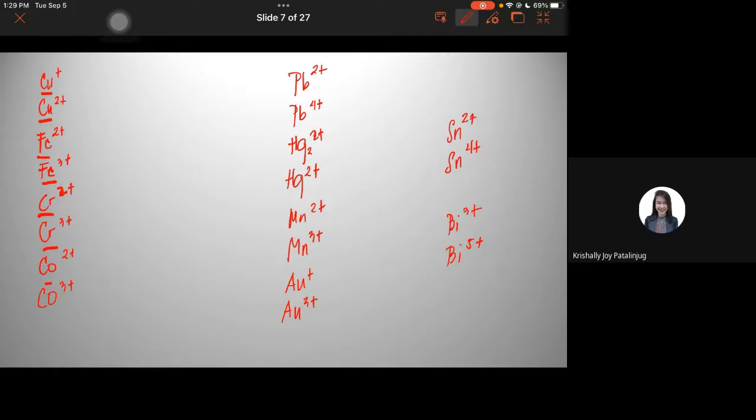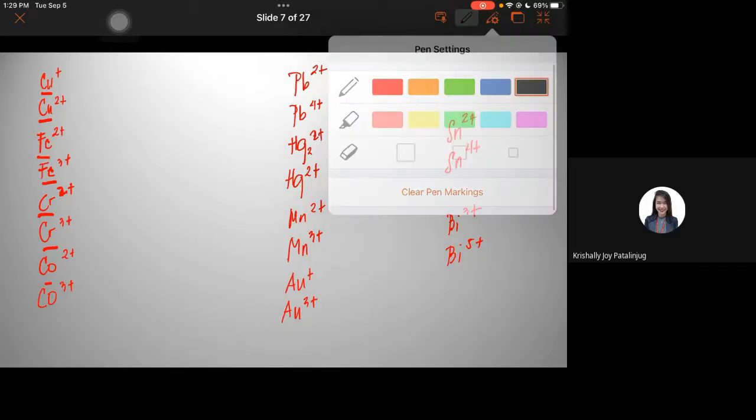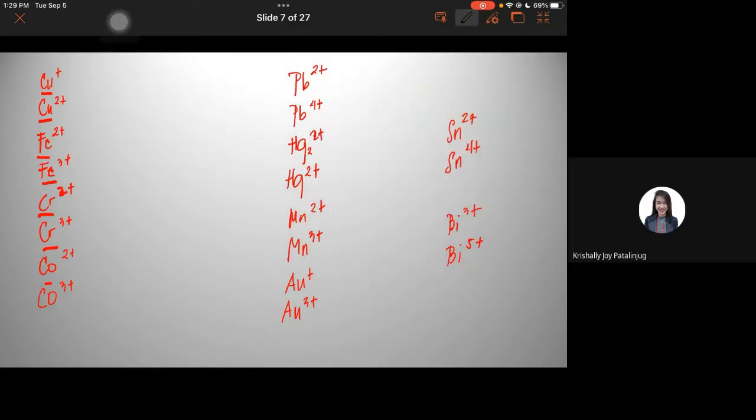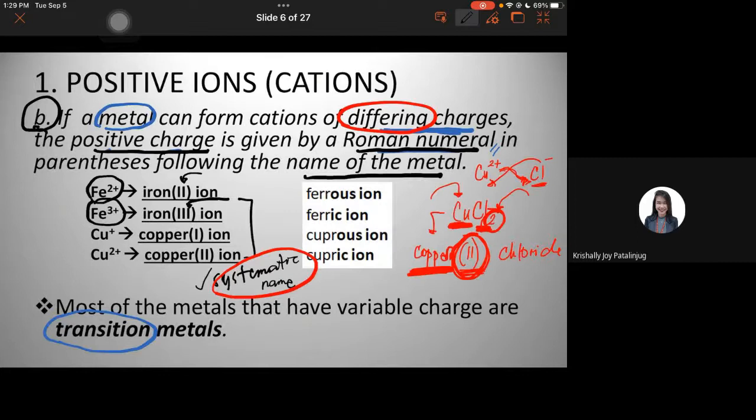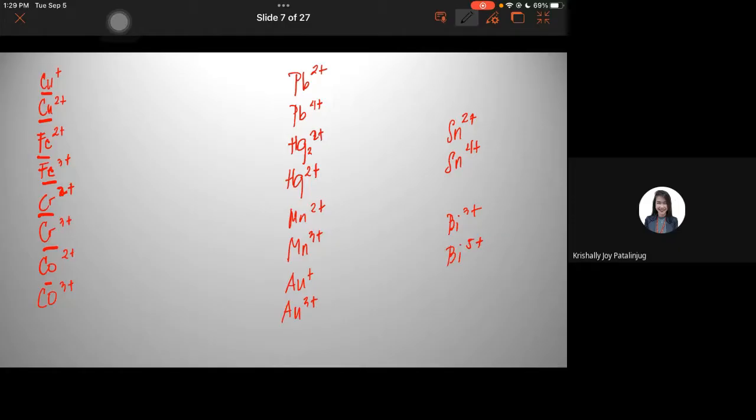Okay, what else? Regarding these transition metals, aside from their systematic name or new name, this one, after the name of the metal you write the Roman numeral enclosed in a parenthesis representing their charge. Aside from the systematic name, we actually have a traditional name, or what we call the old method of naming these ions that tend to form differing or variable charges.